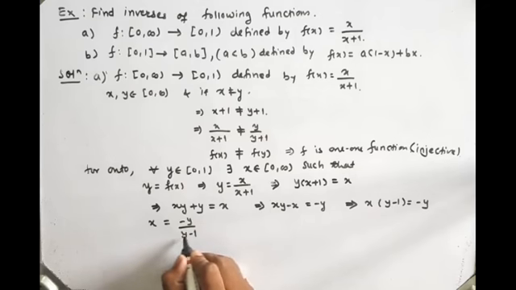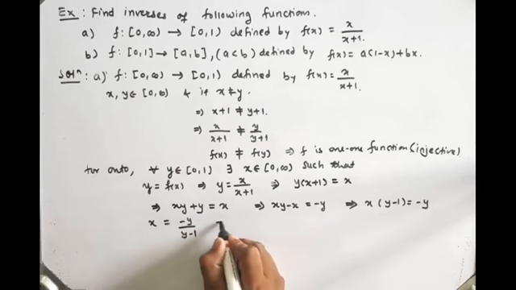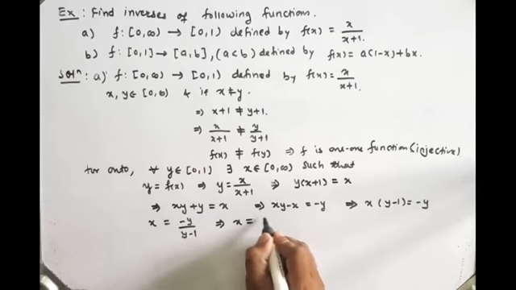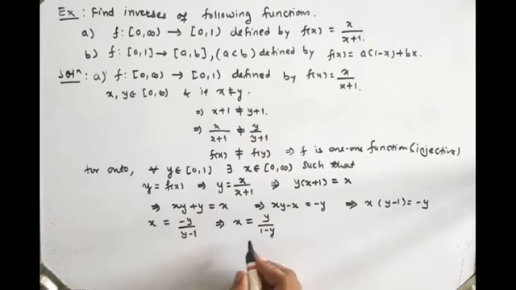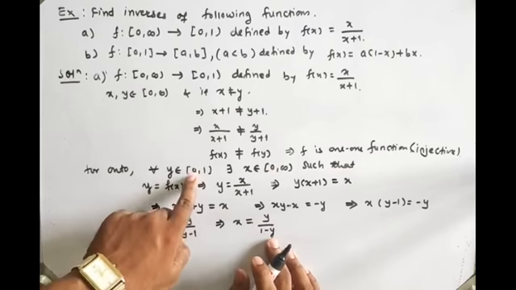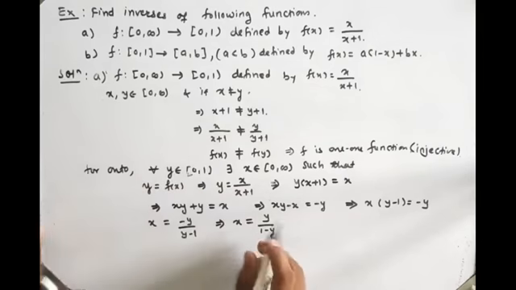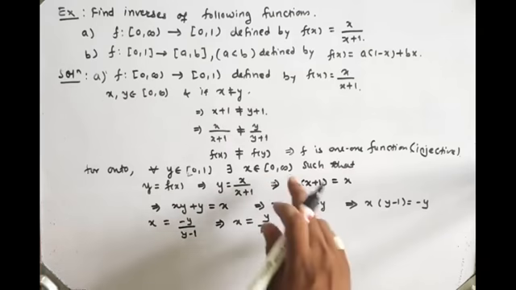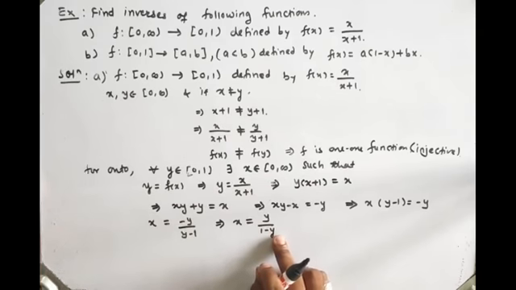So finally I get x is equal to minus y upon y minus 1. I will take minus 1 common in the denominator, then the minus 1 and 1 will cancel. So the remainder is x is equal to y upon 1 minus y. Now here y belongs to 0 to 1, and we have to check that this value belongs to 0 to infinity. If this condition is satisfied, then we say that the function is onto.